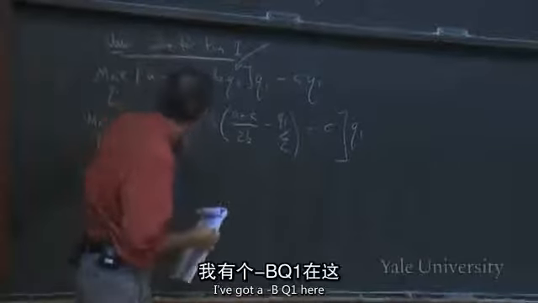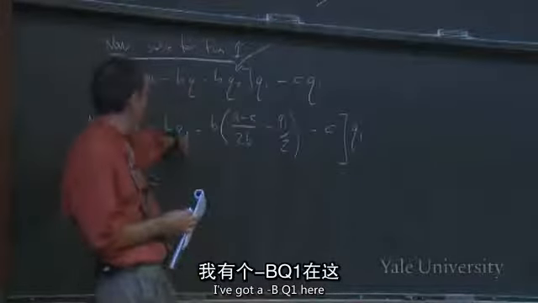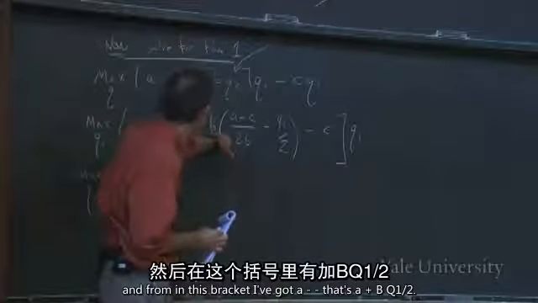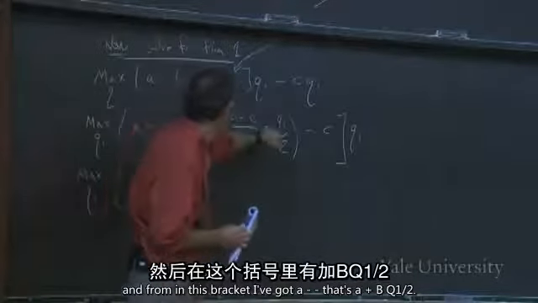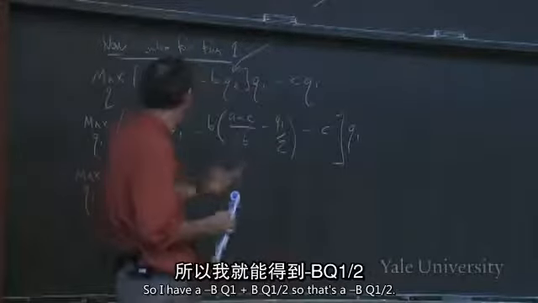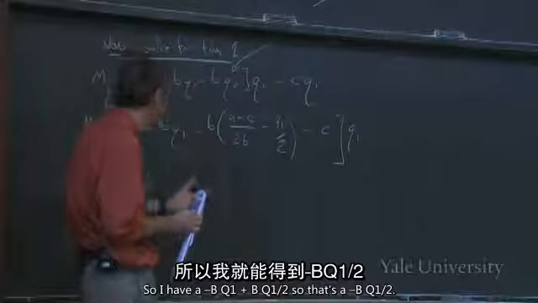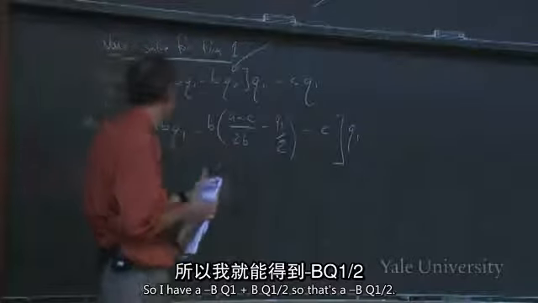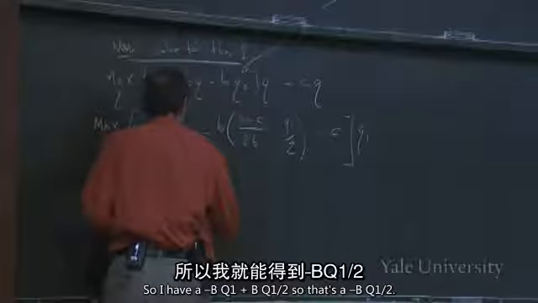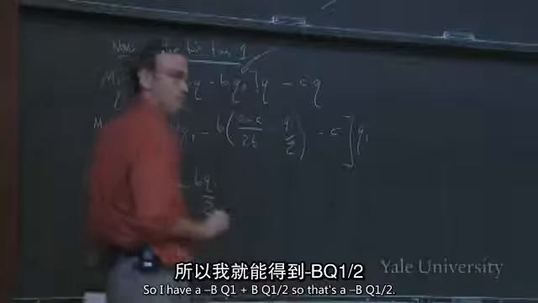I've got a minus BQ1 here, and from this bracket, I've got a minus minus, that's a plus BQ1 over 2. So I have a minus BQ1 plus BQ1 over 2, so that's a minus BQ1 over 2.